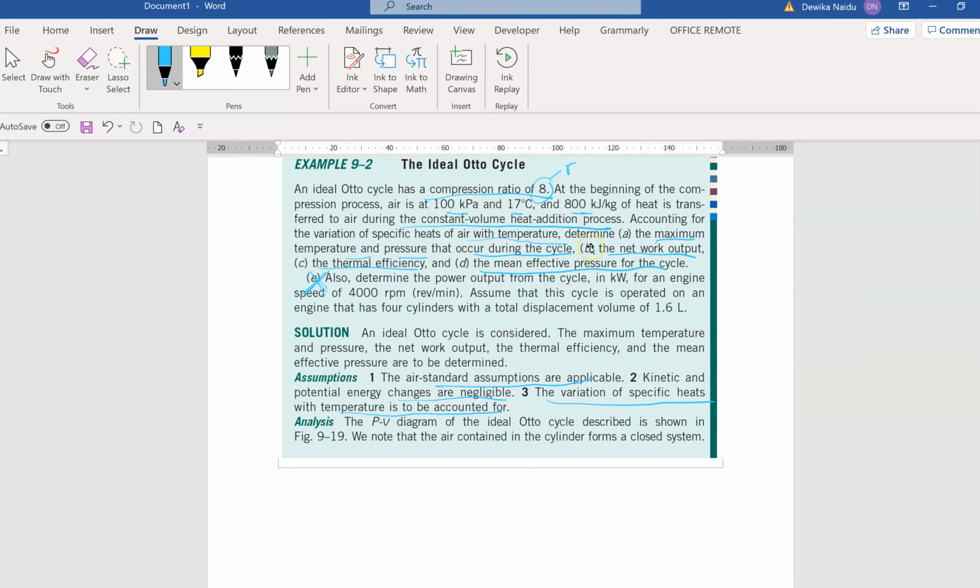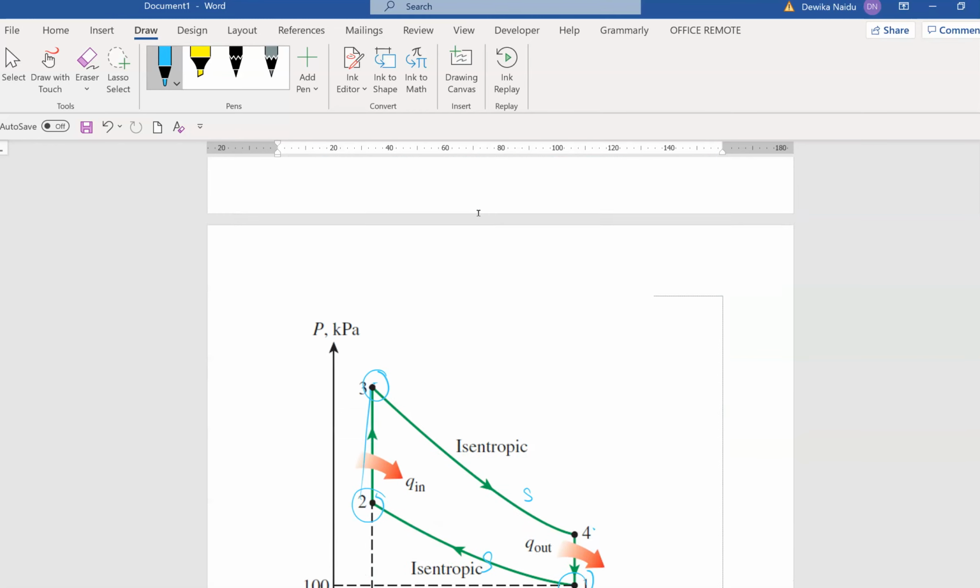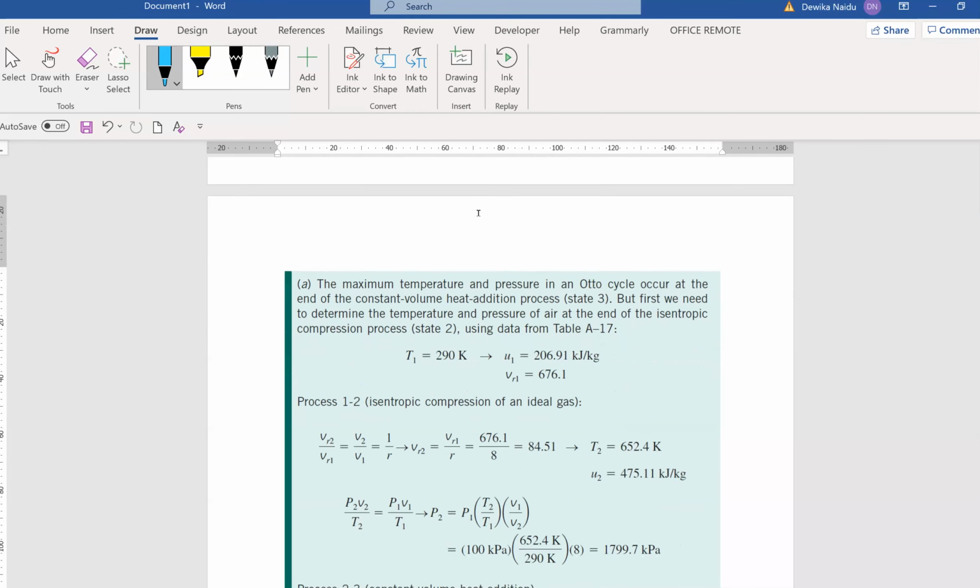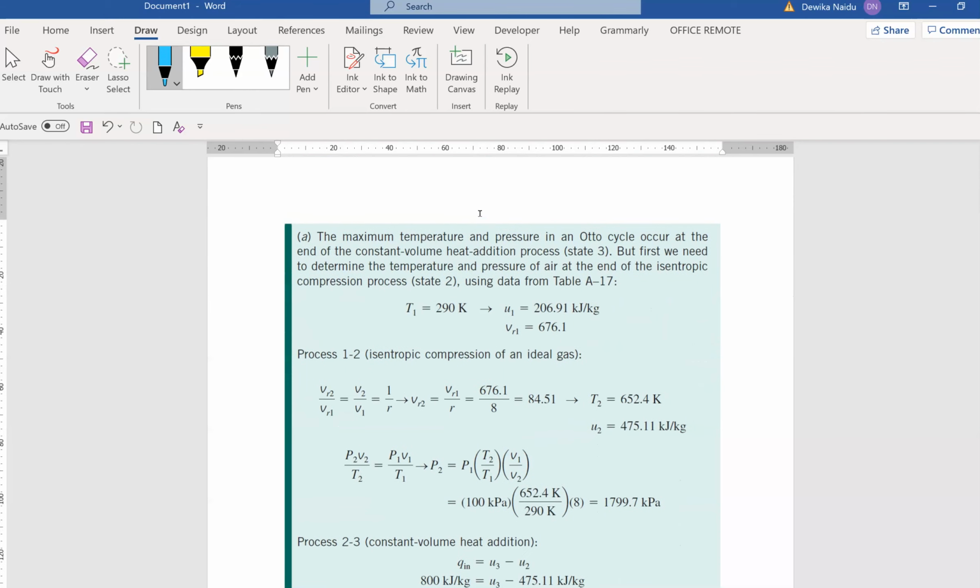What are they asking? A, the maximum temperature and pressure occurring during the cycle. So all the values that you have here, at the beginning of the compression, pressure is 100 kPa and 17 degrees C. You have to write this down. T1 is 17 degrees C, so 290 Kelvin.